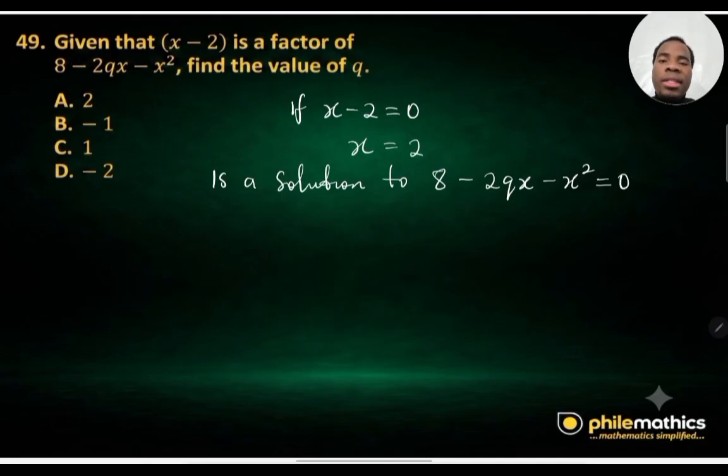What that means is, if we substitute x equals 2 in this quadratic equation, we should get 0.